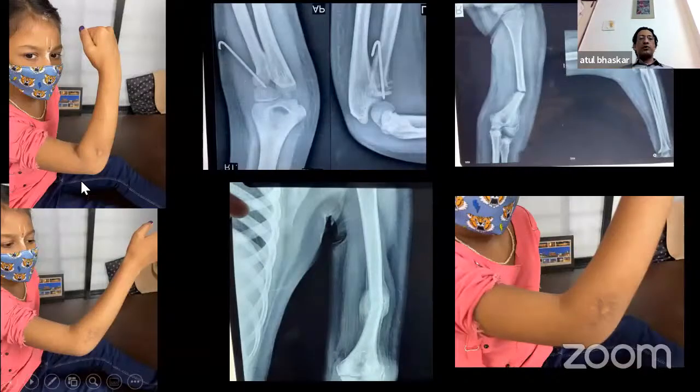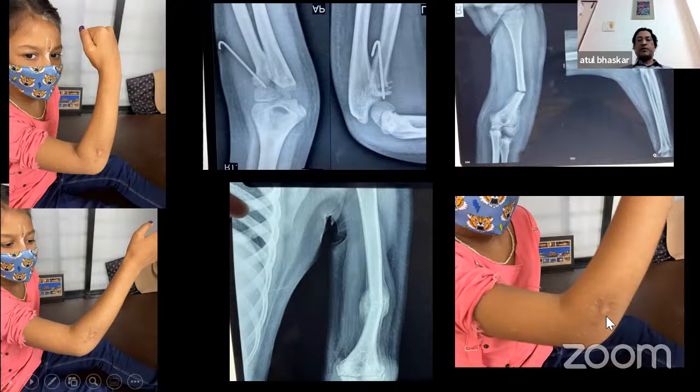This is an example of the girl I showed you earlier. She had a radial head fracture, which was treated with K-wire fixation. This was open reduction and fixation. She had some pin track sepsis, and there was stiffness. She underwent aggressive physiotherapy. The elbow was stiff, and she sustained a fracture of the lower end of the humerus during the therapy. So again, she had to be immobilized, and you can see the callus formation led to further stiffness.